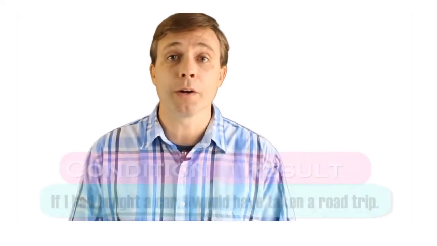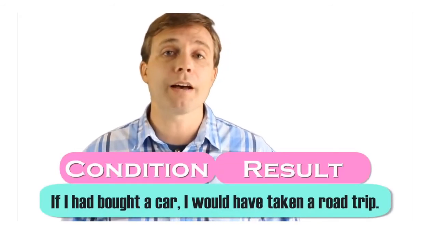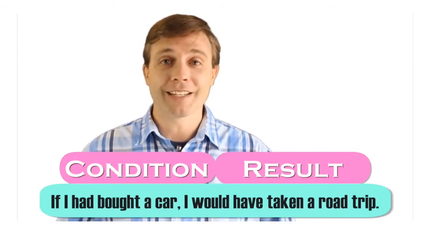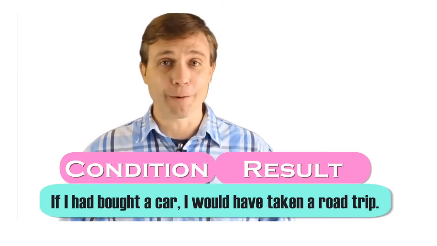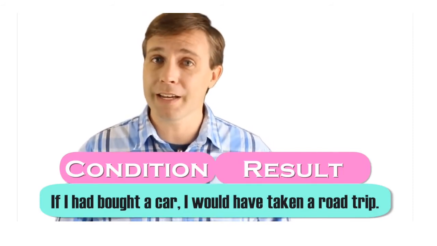That is what I'm imagining would have happened. So when we're using the third conditional, we're going to follow this structure. If I had bought a car, I would have taken a road trip. Did I buy a car? No. Did I take a road trip? No. This is what I would have done if I had bought a car. But I didn't buy a car, so I didn't take a road trip. It didn't happen.